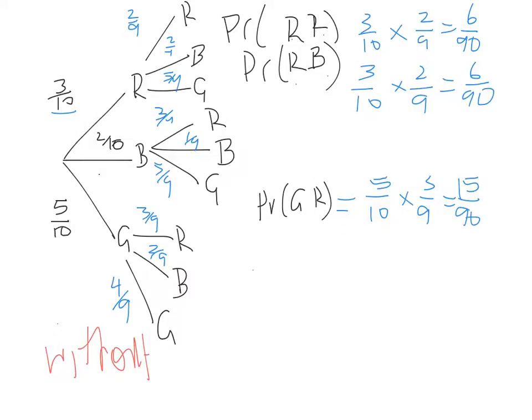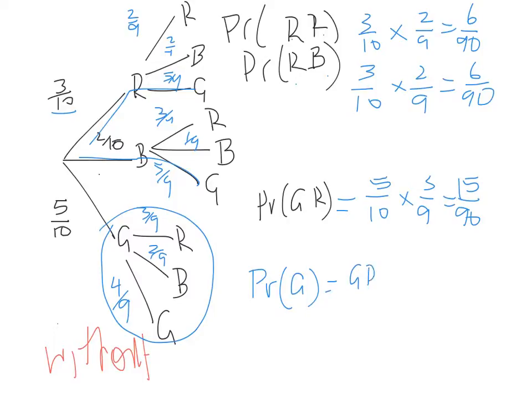And then of course, if we want to say the probability of green, that means we're looking at all of these: green-red, plus green-blue, plus green-green, plus blue-green, plus red-green.